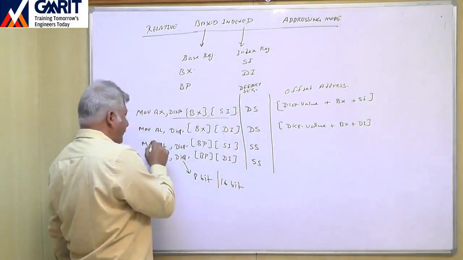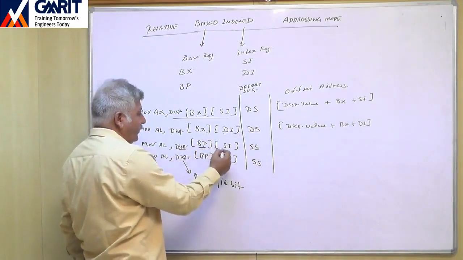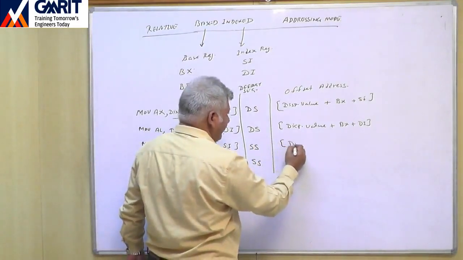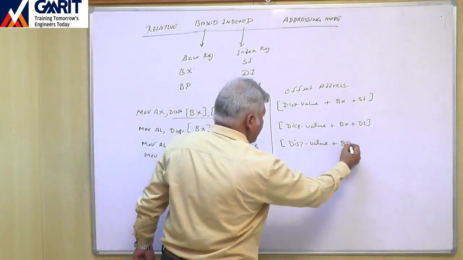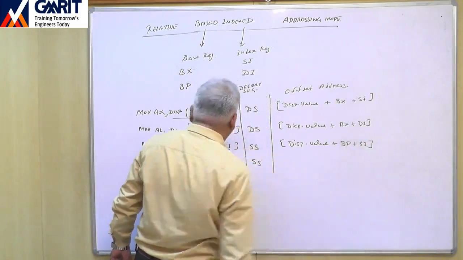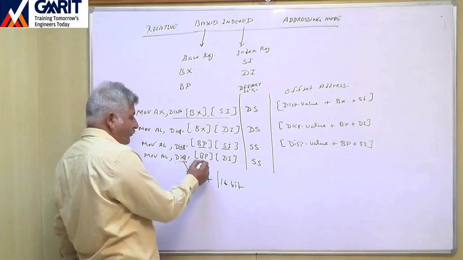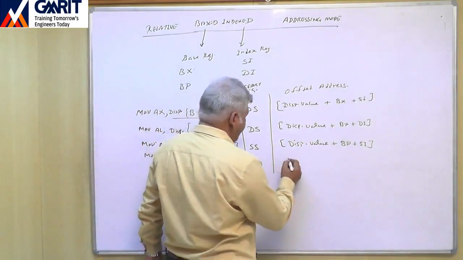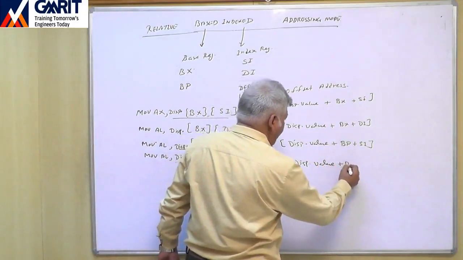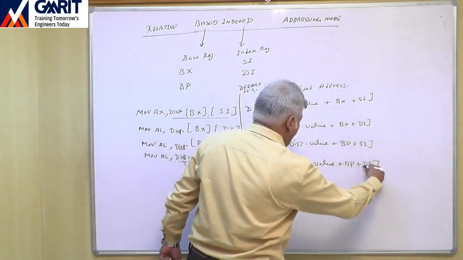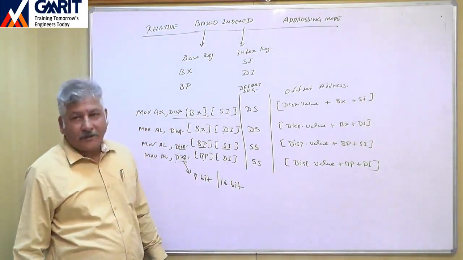For the third type of instruction, displacement value plus BP plus SI, that is, base pointer plus SI. And in the fourth category, displacement value plus BP plus DI. So in this way we can find the offset address.